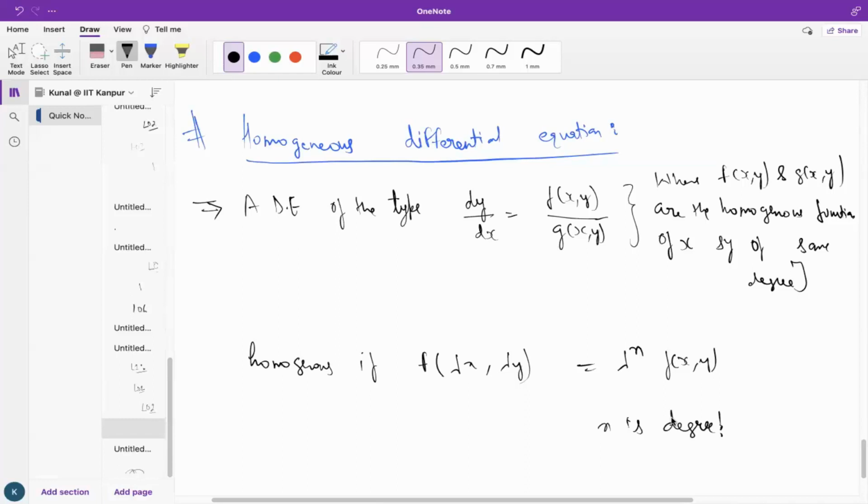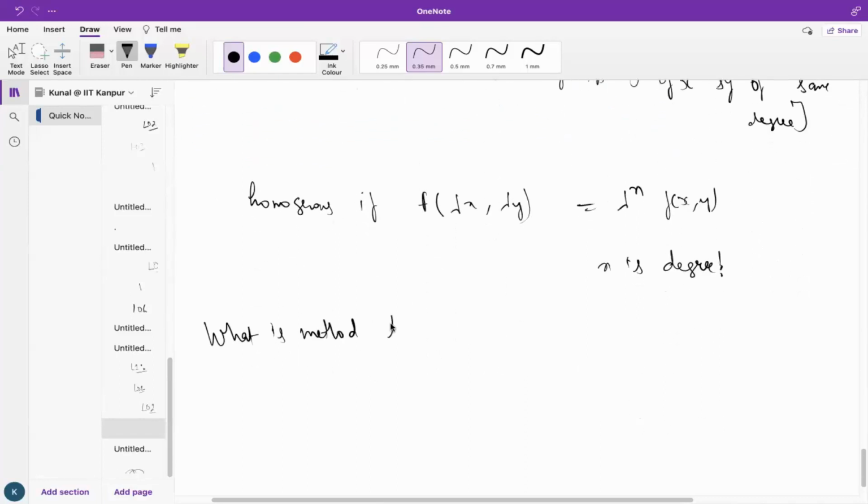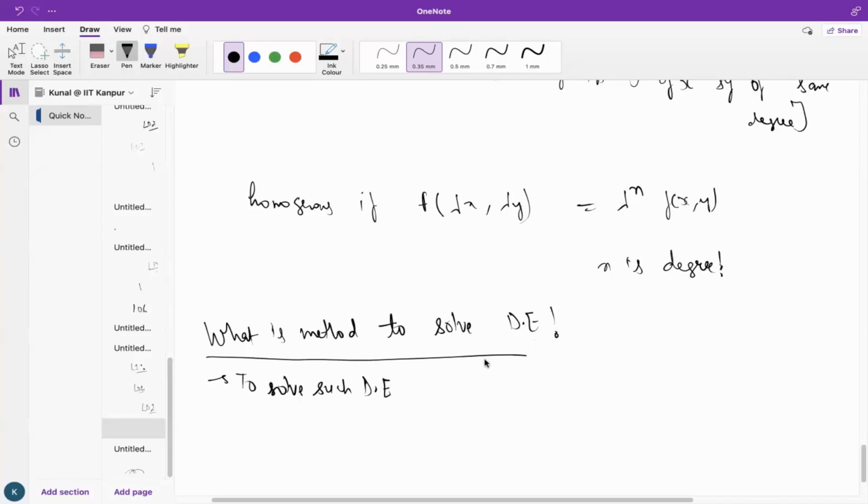Okay. Now, what is the method to solve this differential equation? Tell me. So the method is, let me write it here. To solve such a differential equation, just substitute y by x is equal to t.